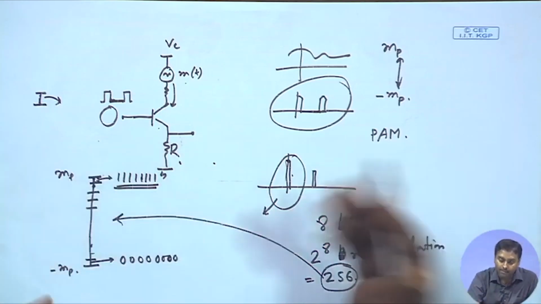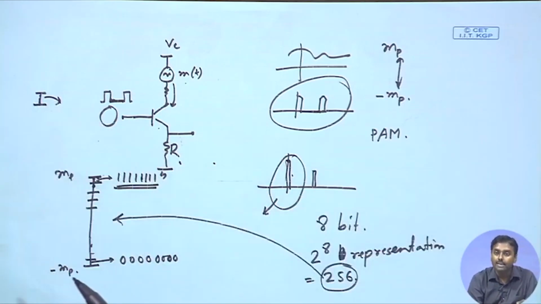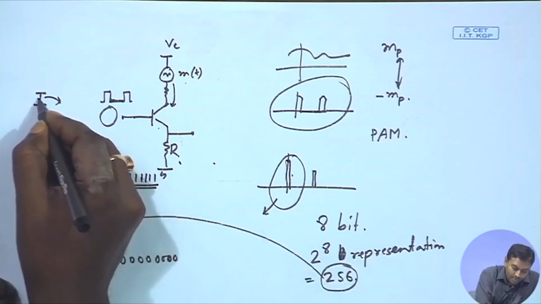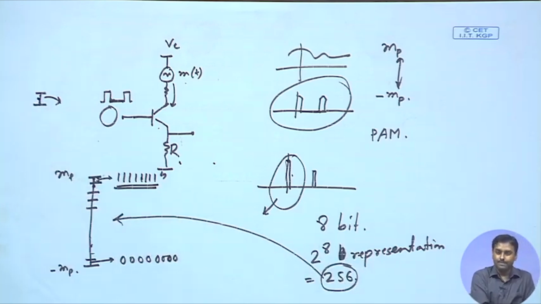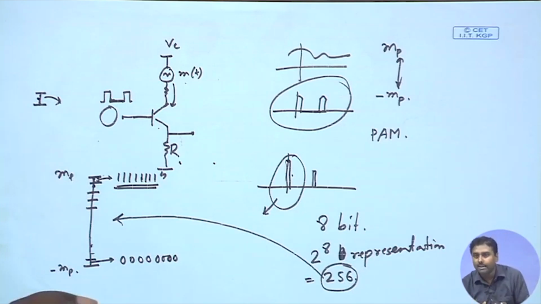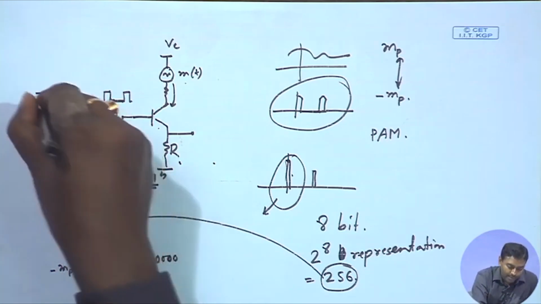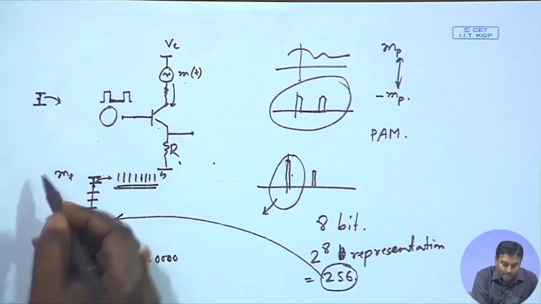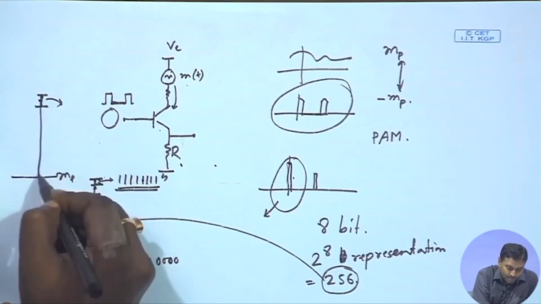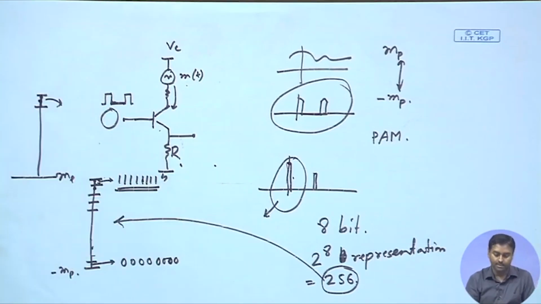So, when I demap, I have no information where exactly it was. So, what I will do is put the central point as the representation. Immediately you can see there is an error, because it might have been this one and I represent it with the central value. So, the amplitude was this much, and I have represented it with this.